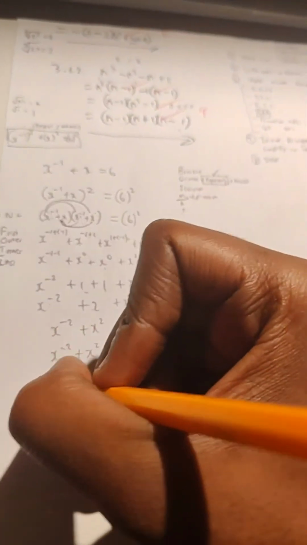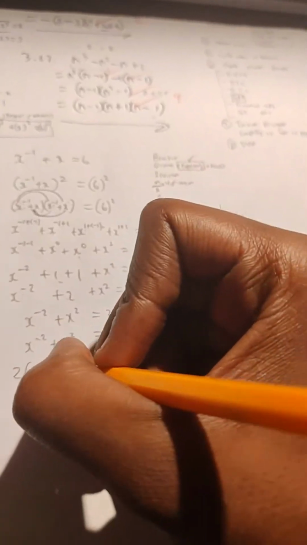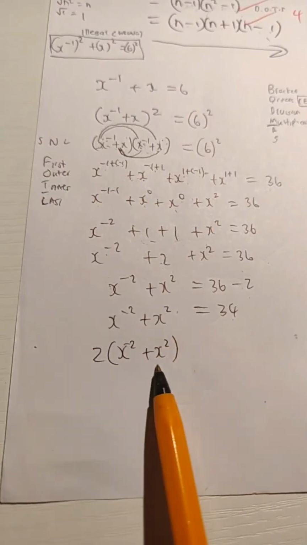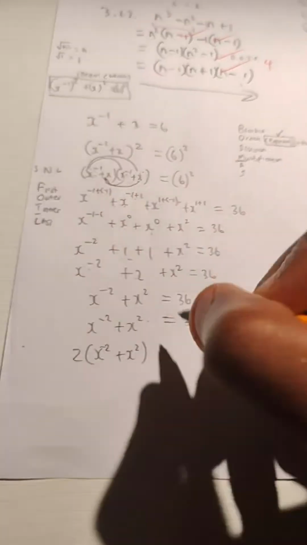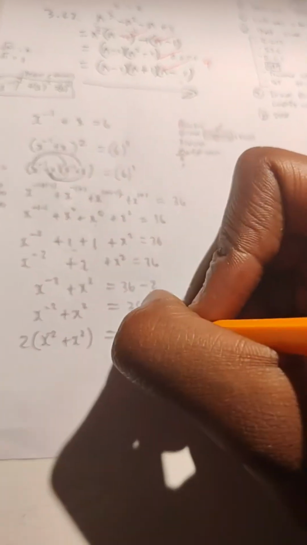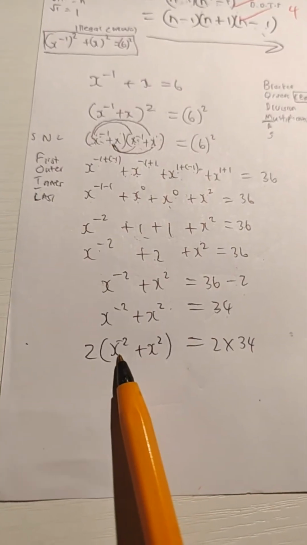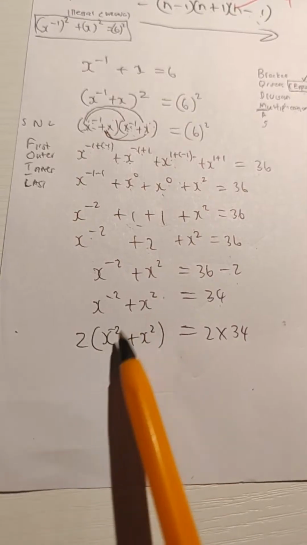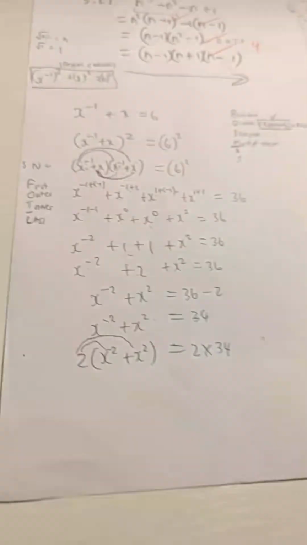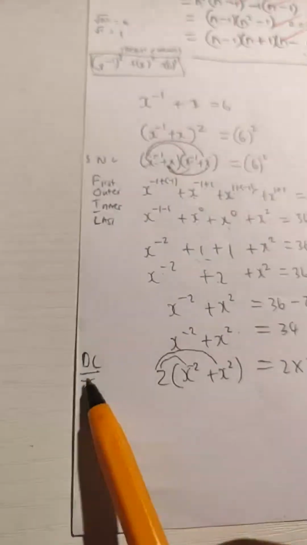So what I do is take 2 and multiply the 2 terms. But what I do on the left, I do on the right. So you see now, because I've multiplied by 2, I put everything in brackets. Now I can distribute, applying the distributive law.